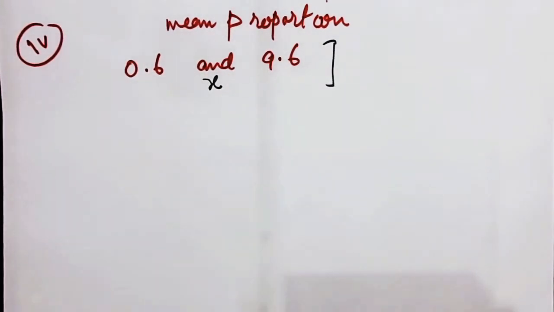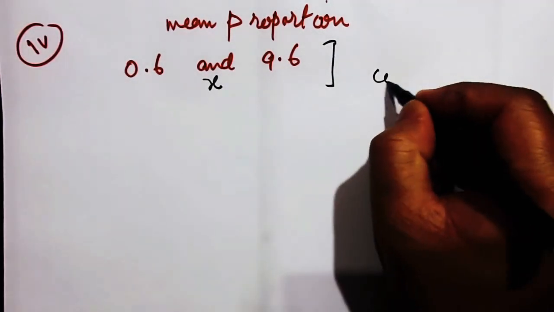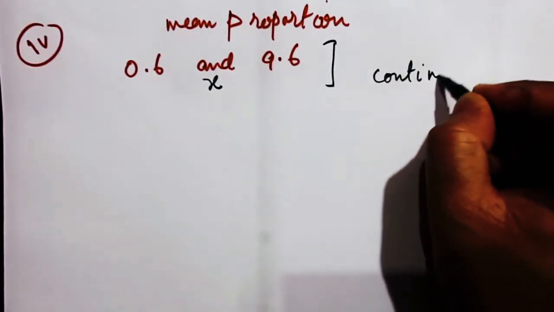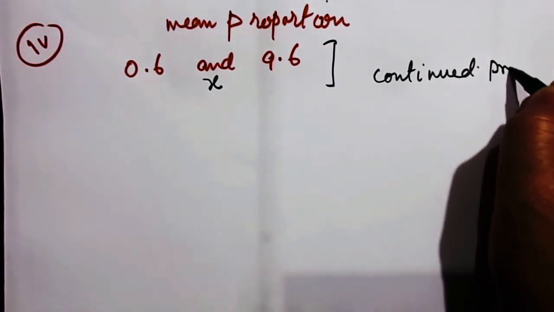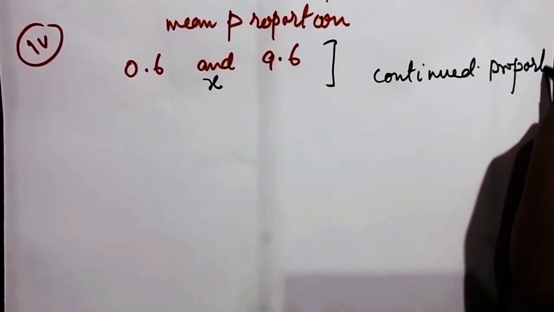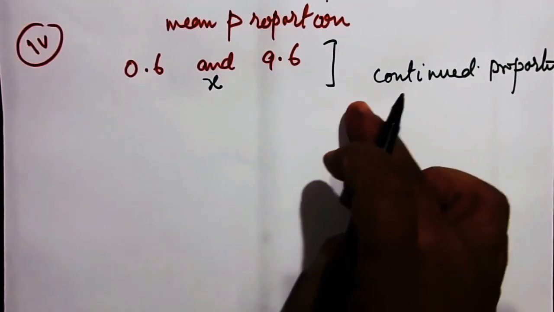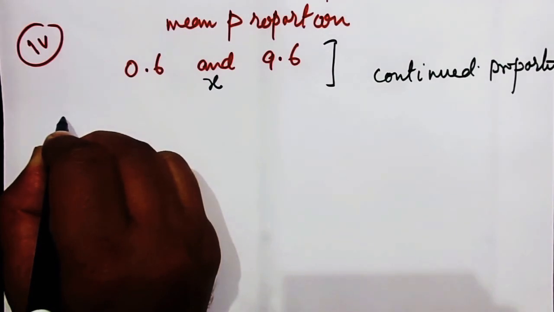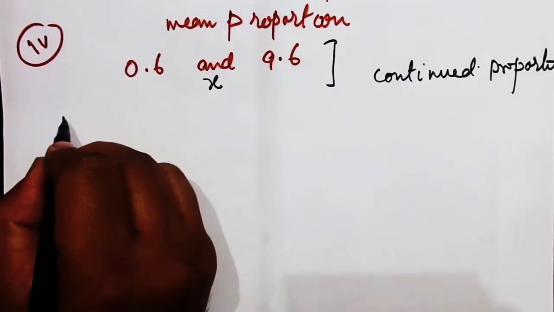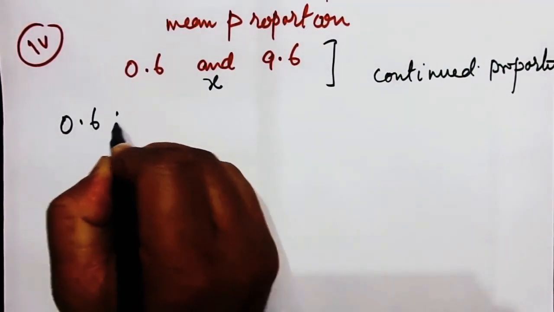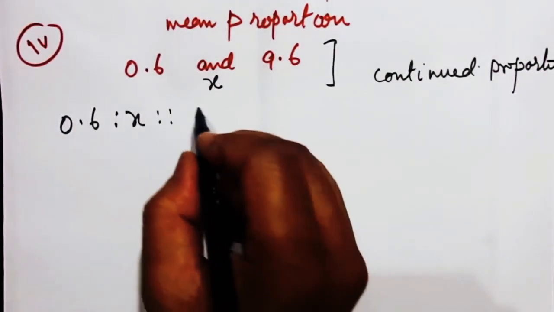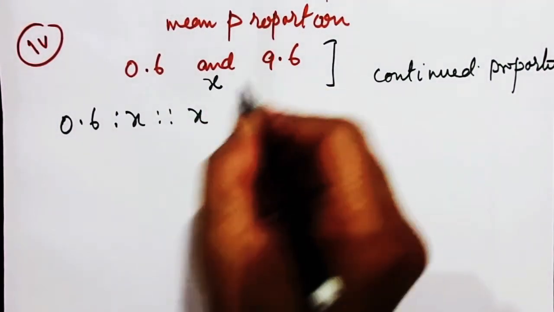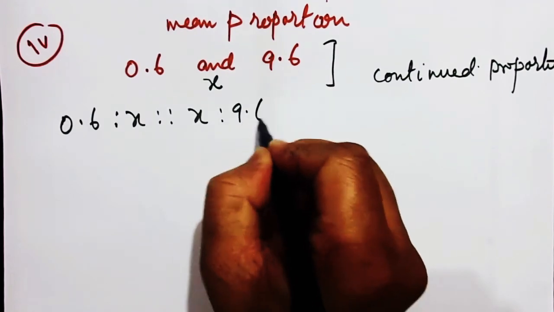Naturally we'll take a number x in between 0.6 and 9.6, and apply continued proportion. So in continued proportion, the ratio of the first and the second, that is 0.6 and x, should be in proportion to the second and the third, 9.6.